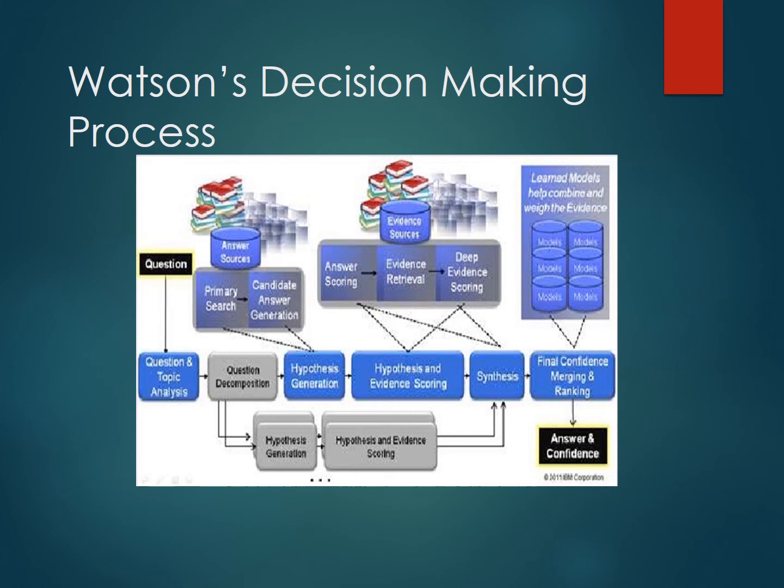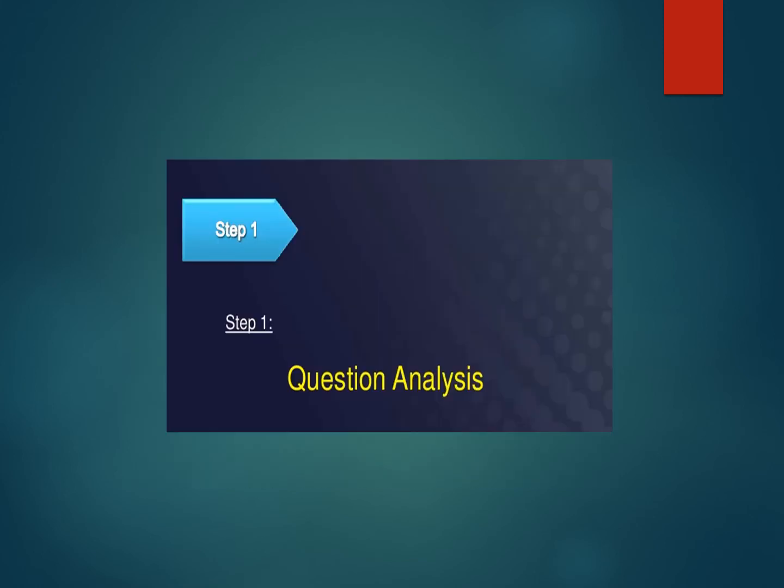Now, let's have a look at the Watson's decision-making process. It is basically a four-step process in which Watson understands the problem and tries to come up with the best solution. Step 1. Question analysis. Watson understands the question by breaking down the sentences into phrases.